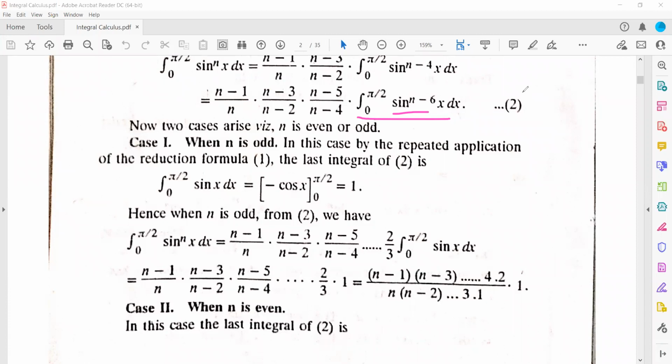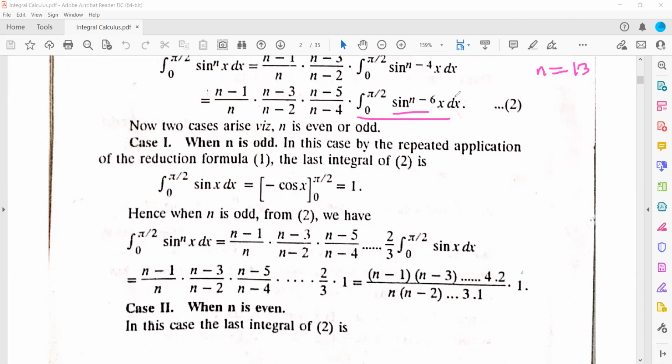Simple, I am telling. Suppose you take the value of n as 13. It's an odd number. So if we proceed like this, what will be the power of sine in the last term? 1. Yeah, obviously it will be 1, no?